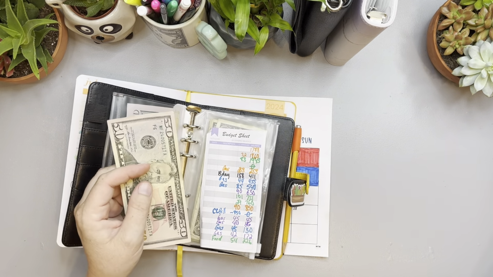Now I can add the 45 to the debt. It looks like I already have $226 in here, plus 45, 271. A marker. And then I'm going to put that in there.